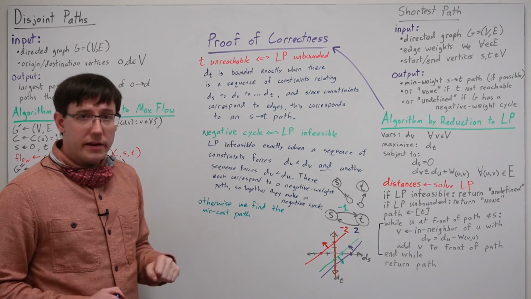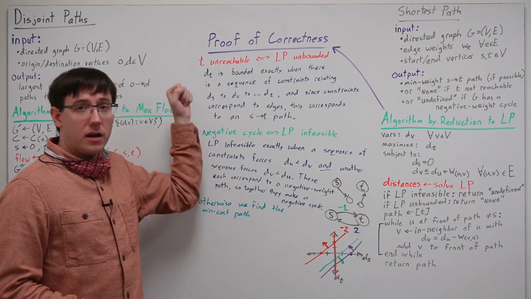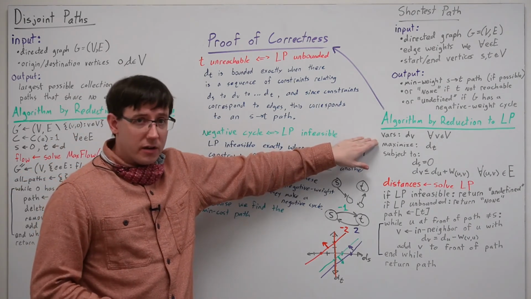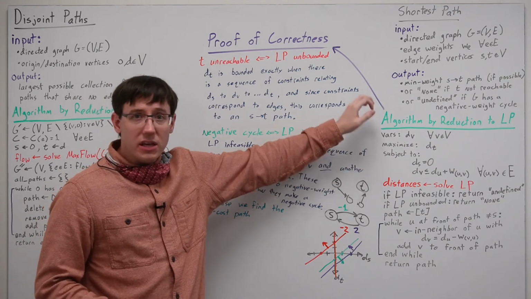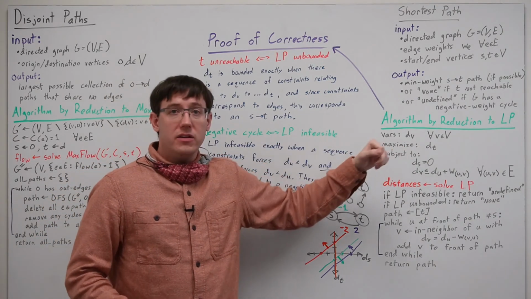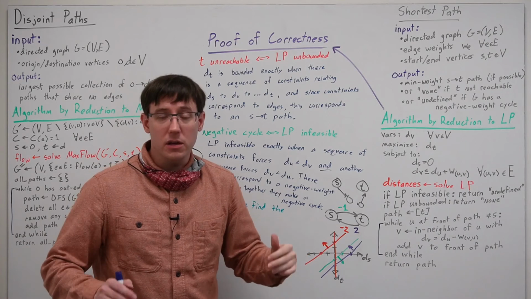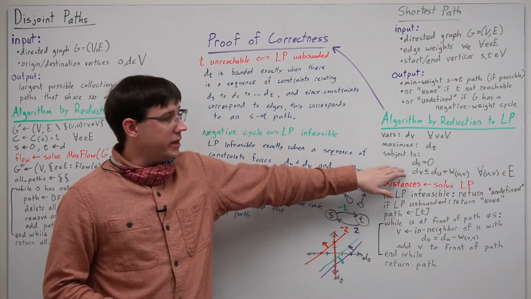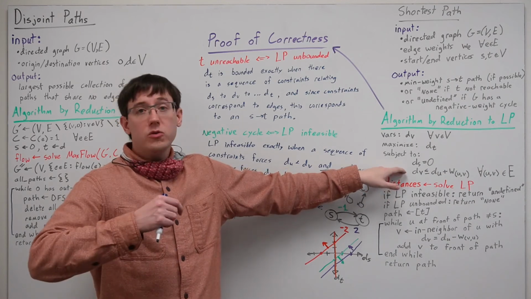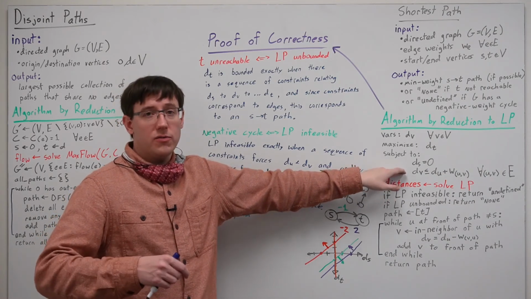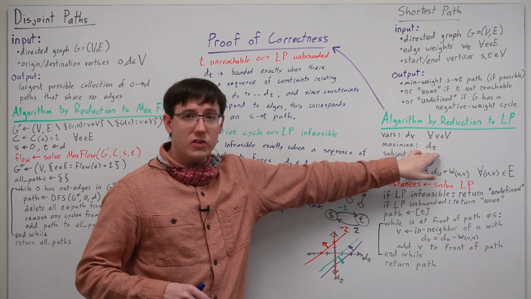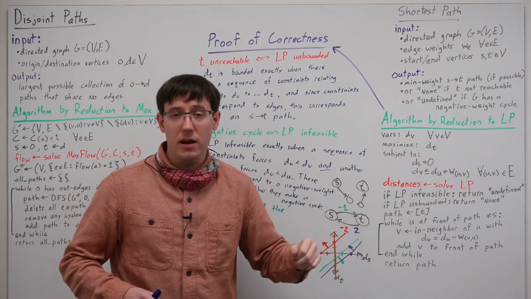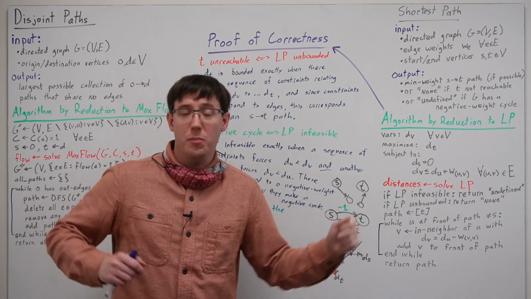In the event that the linear program is both feasible and bounded, our objective, where we maximize dt, will force the distance of vertex t to be as large as possible, subject to the constraints, and those constraints will enforce that the distance to t is no more than the cost of any path to t.